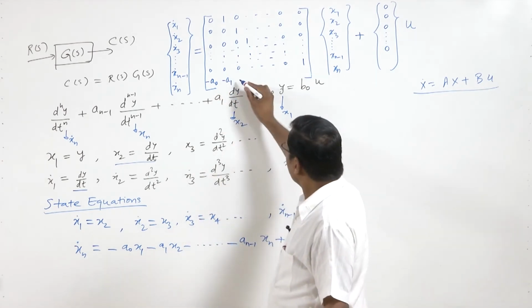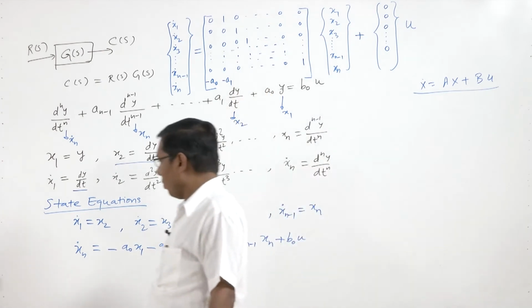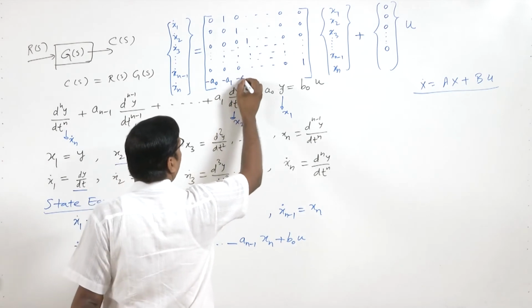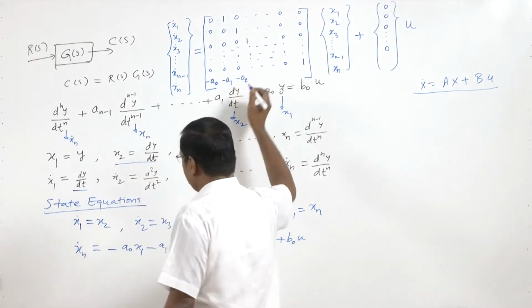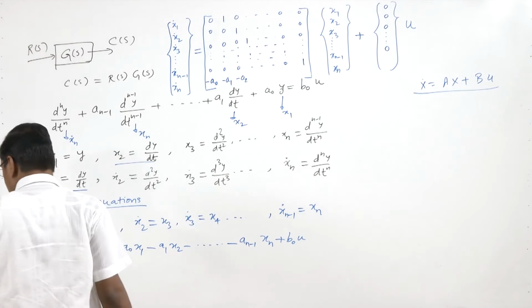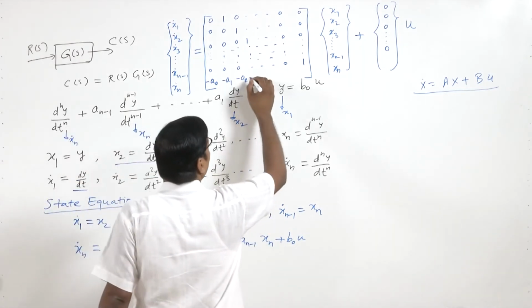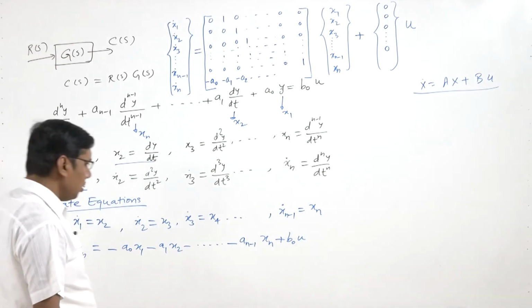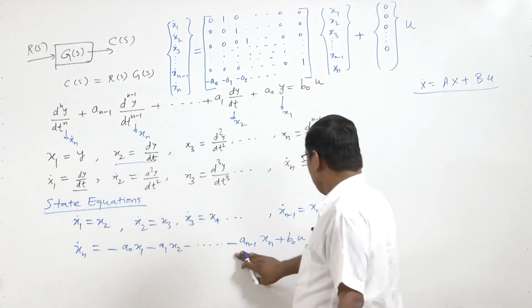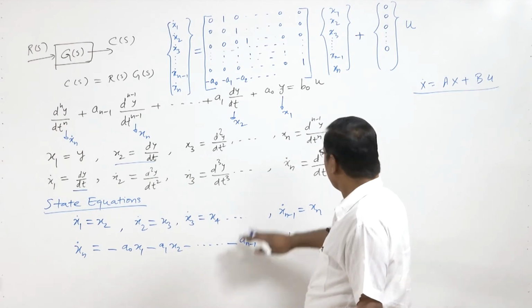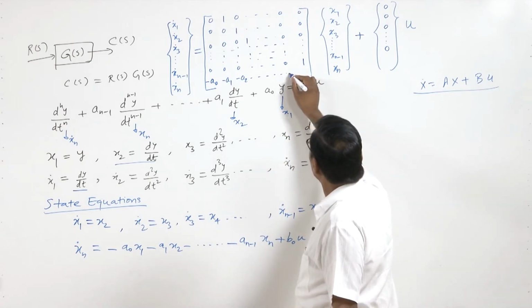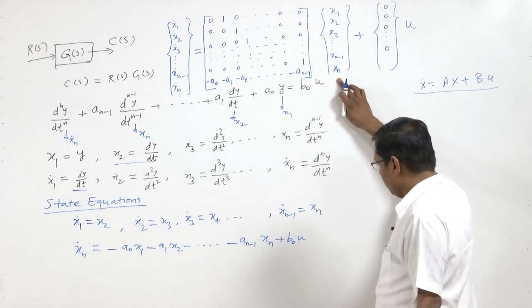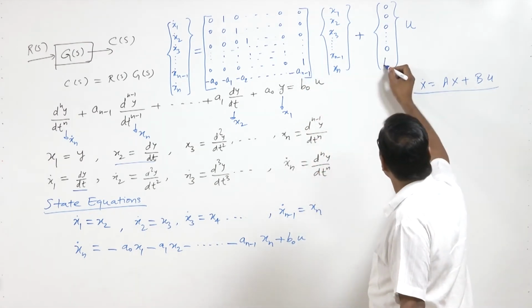And so on, other elements like minus a2, minus a3, and so on. Then minus a n minus 1 xn plus b0 u. So here it should be b0.